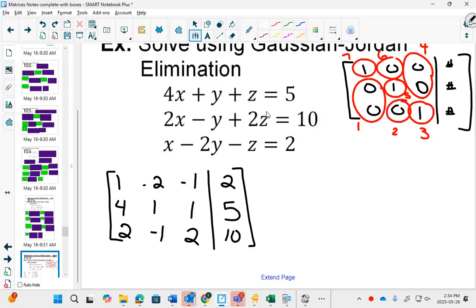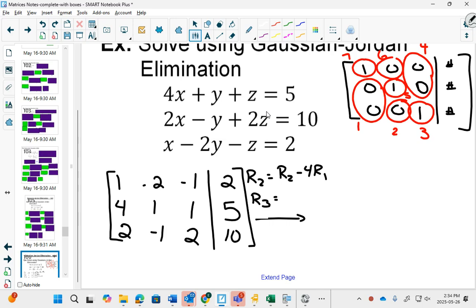So first, I want to get these two to be zeros. Draw a little arrow. So I want to change row 2, and I want that to be a 0. Can you see that if you took row 2 and subtracted 4 row 1s, that would make that a 0. Same thing, row 3.